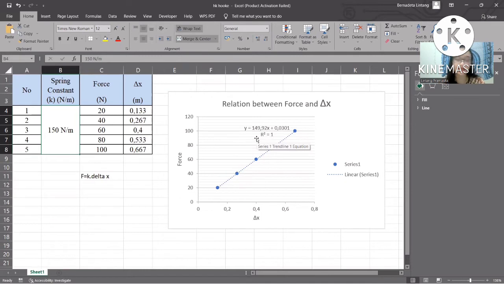And based on this analysis, we can find the relationship between force, change in spring length, and spring elasticity constant, which can be written as: force, or F, equals k, or spring constant, times delta x, or the displacement value of the spring.